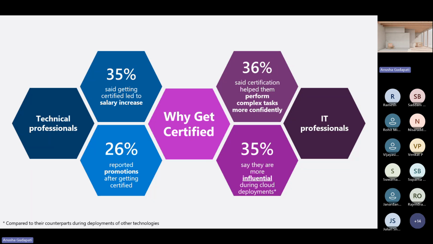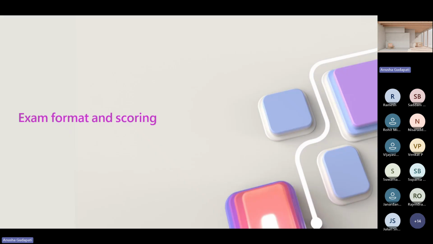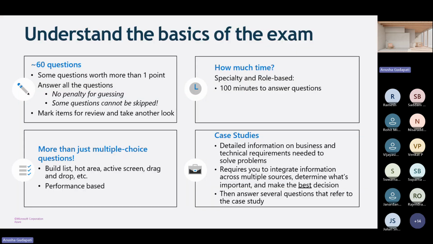As we move on to the second slide, we will be focusing on the exam pattern. The exam has around 50 to 60 questions, not exactly 60 all the time.